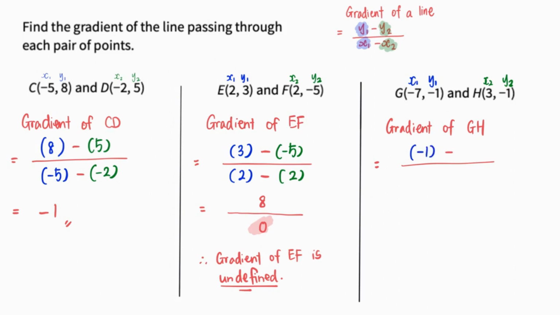So in this case it's -1. -7 will be my x1 minus my 3. And in this case here, I will get 0. That will be the answer for this question.